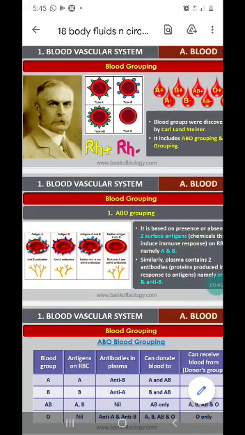Next we'll see blood grouping. There are many kinds of grouping done by many persons, and the most accepted one is the ABO blood grouping.